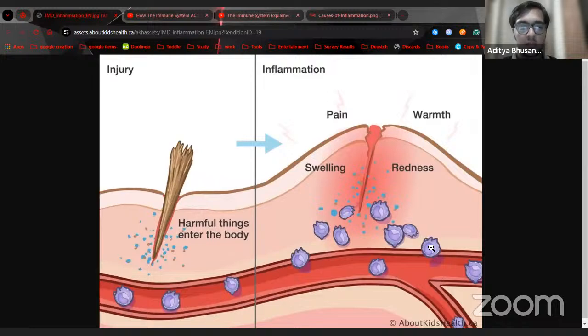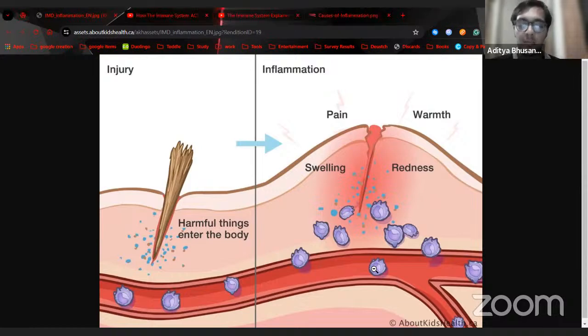So what does inflammation do to your body? Well, inflammation makes your blood vessels more porous. Now, remember, most people forget this, but your blood vessels are not really just solid tubes, but rather they are cells themselves that are wrapped into a circular shape.